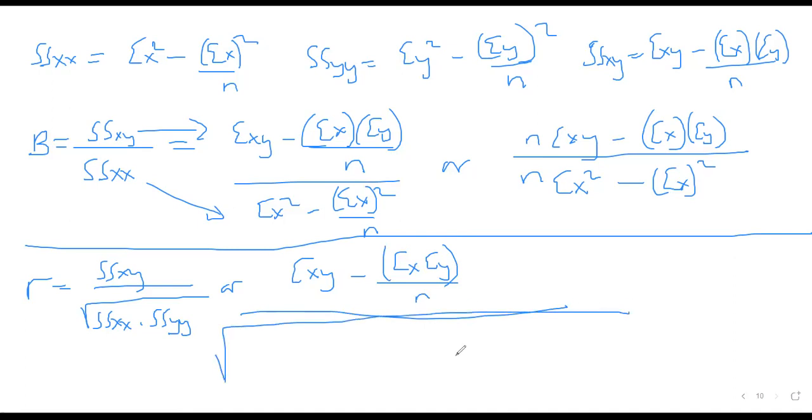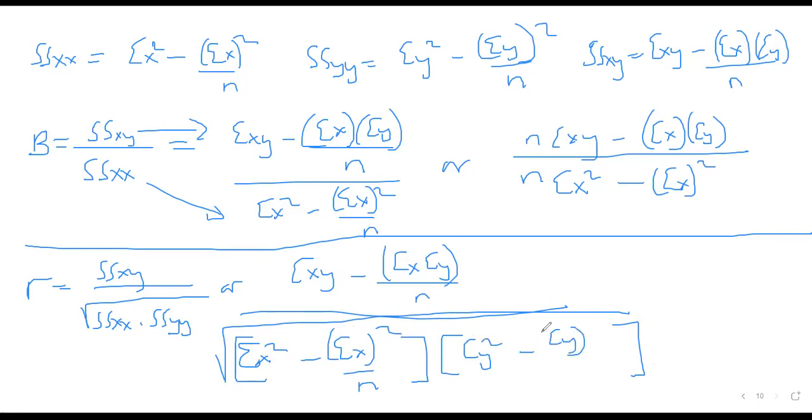Then down there, we're going to have what? These two. Here we have the variation in x, so it will be summation of x squared minus summation of x to the power 2 over n. And here we have summation of y squared minus summation of y to the power 2 over n.